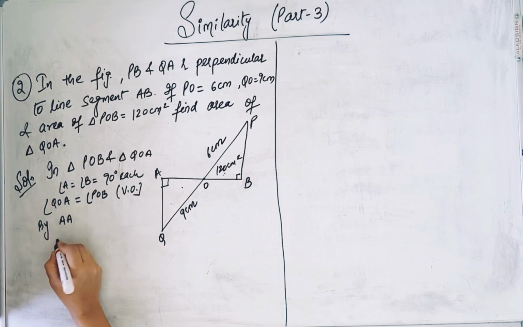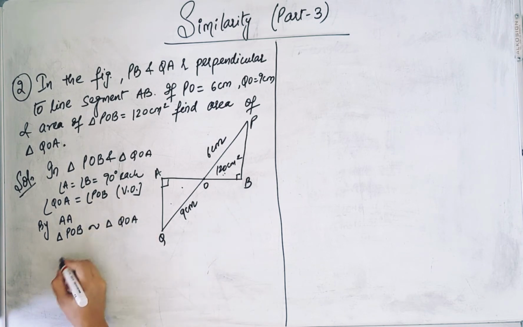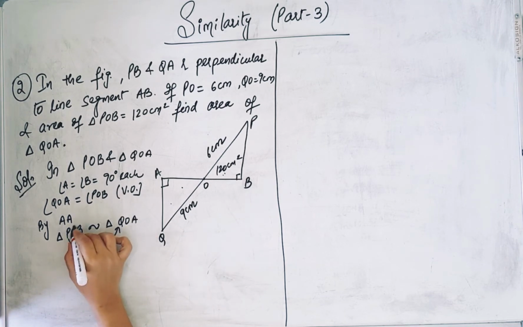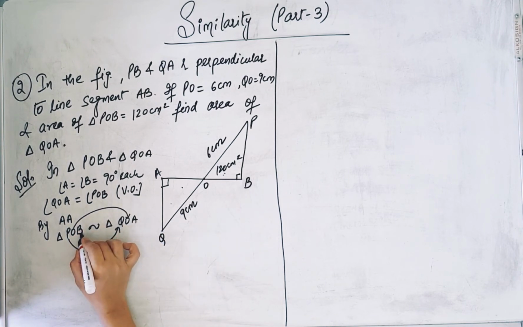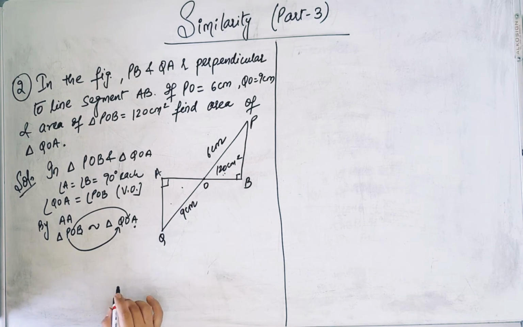By AA similarity, triangle POB is similar to triangle QOA. See, P corresponds to Q, O corresponds to O, and B corresponds to A. Same sequence we have to follow.